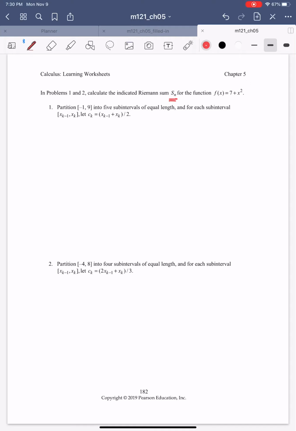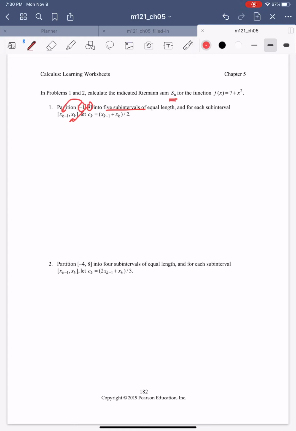So look at the interval: we have a closed interval. The first number will represent x of k minus 1, and x of k will represent 9. And then we are dividing into 5 sub-intervals. That means 5 rectangles.